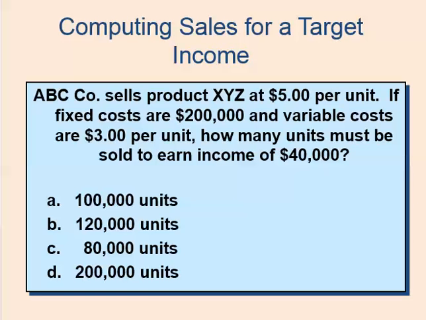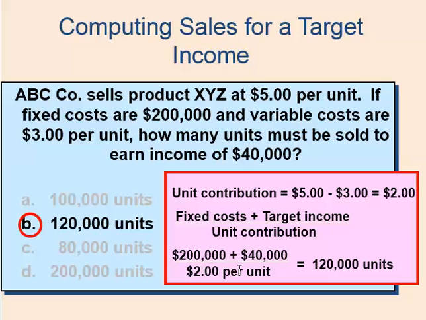So we need to take our fixed costs of $200,000, add the $40,000 in desired profit, and that will give us $240,000. Then we need that contribution margin per unit, which was $2. 240 divided by 2 says we need to sell 120,000 units, and there's your ratio right there as well.